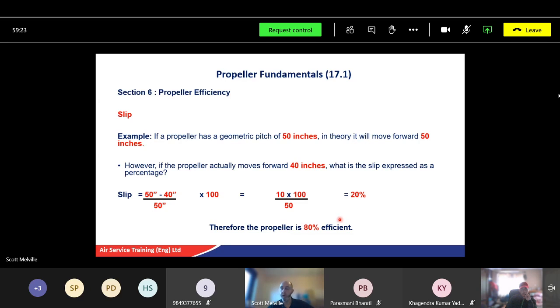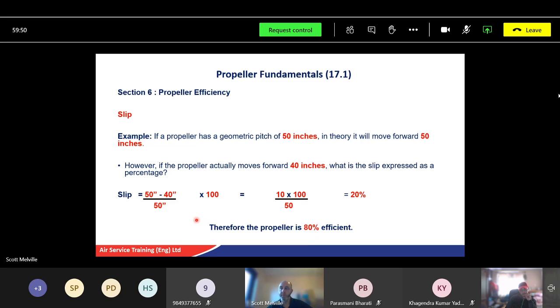Or I can do it the other way, 40 out of 50 is simply 80%. So the propeller, in this case, has been 80% efficient. If it moved through 50 inches, then that would be 100%. We'll never, ever get that, unfortunately. So the greater the efficiency, the less slip, the more efficient the propeller is becoming. Everybody sort of understand what's going on there?